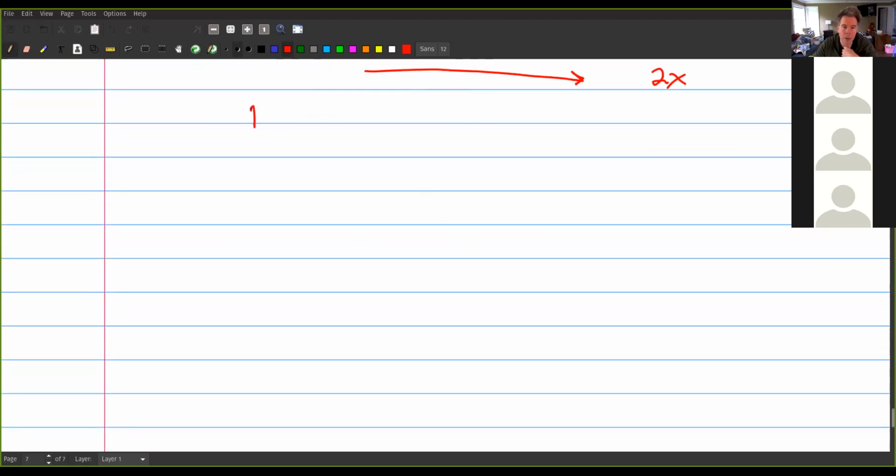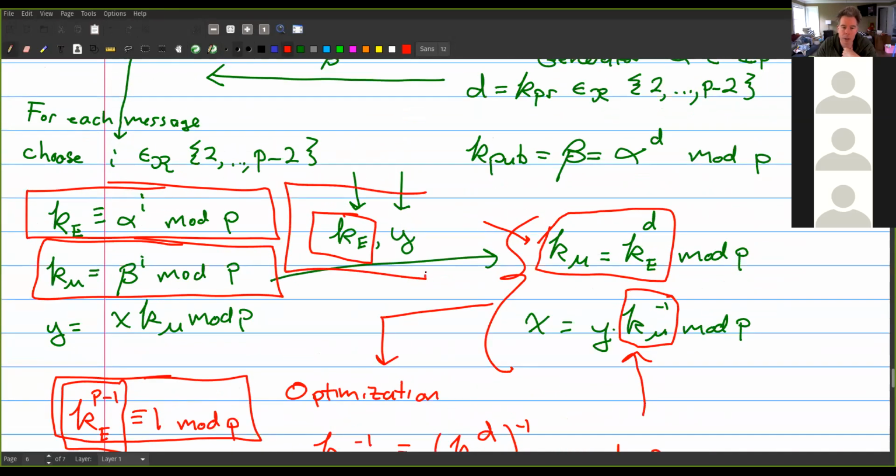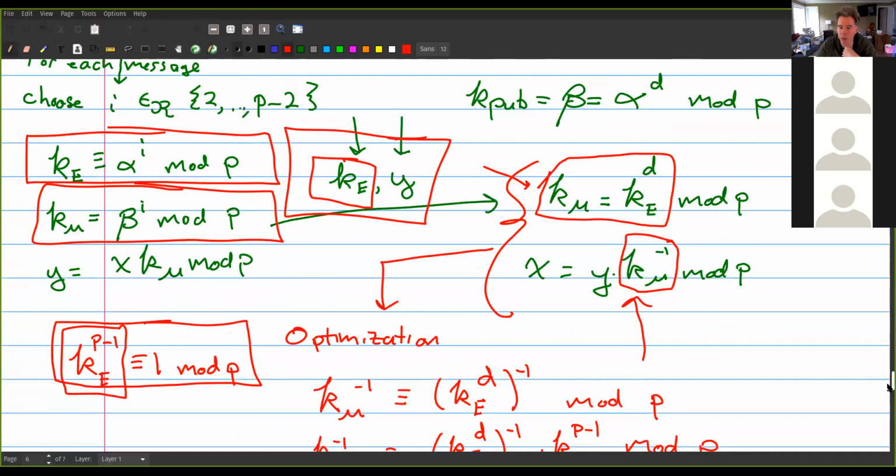Eve replaces Ke and Y. Remember, that's what she sees go by on the wire every time. This is what gets sent. So she's watching a bunch of those go by.